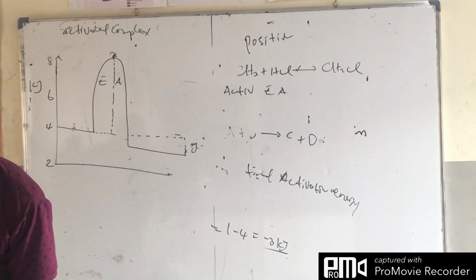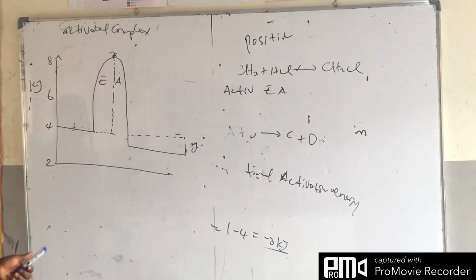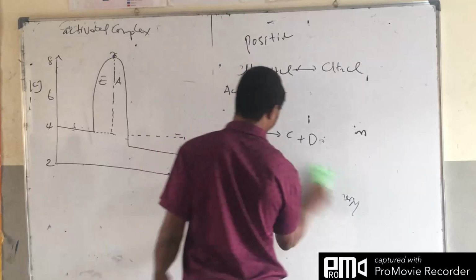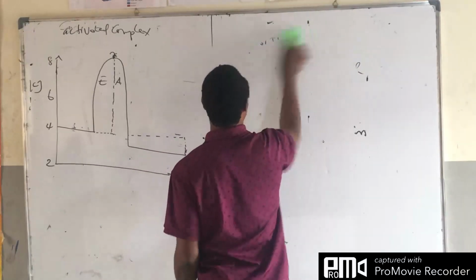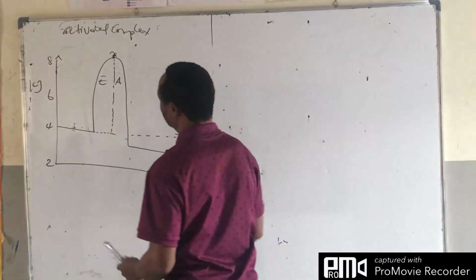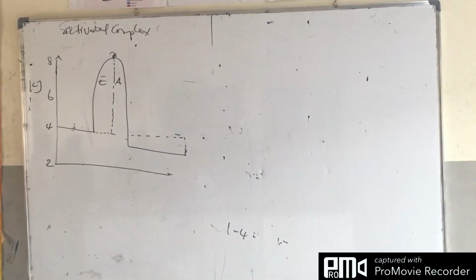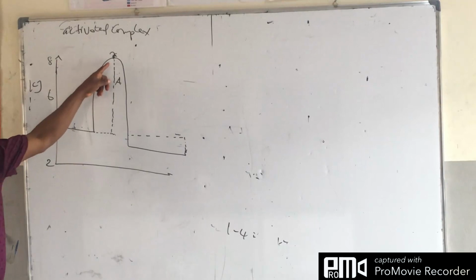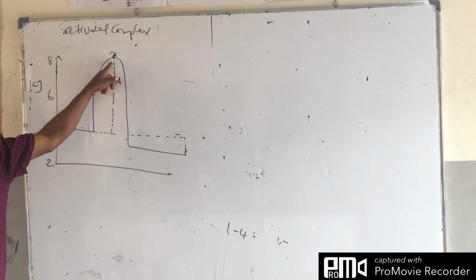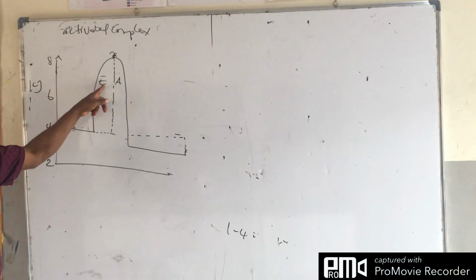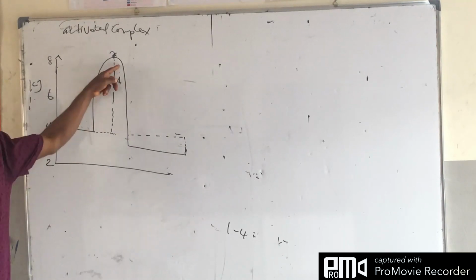Now, one of the factors affecting the reaction rate is the catalyst. You may have a catalyzed reaction in this diagram. A catalyst normally decreases the activation energy. It only tries to shorten the pathway through which the reaction travels, bringing it down.